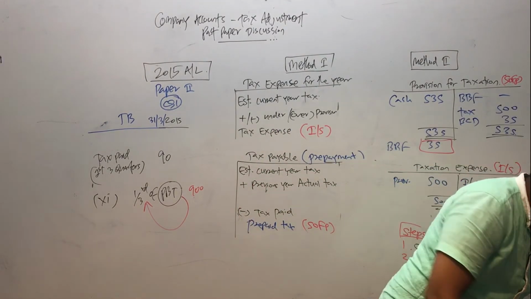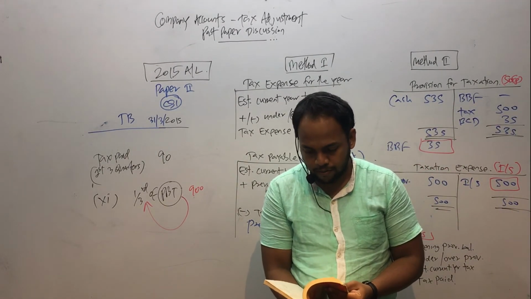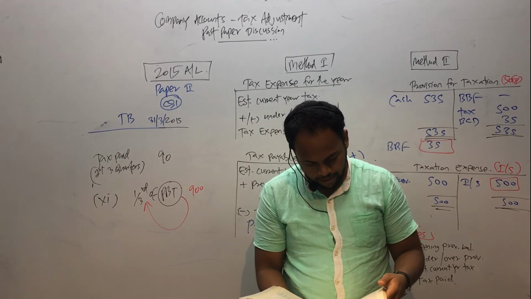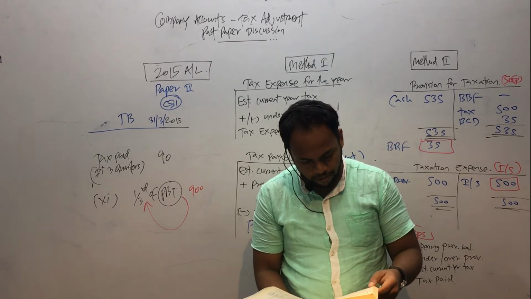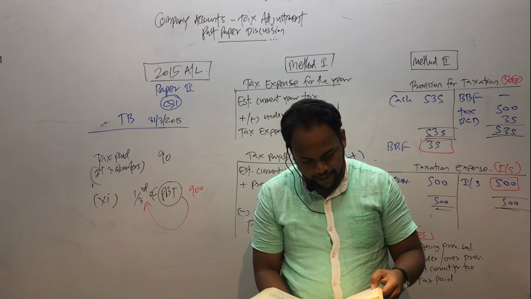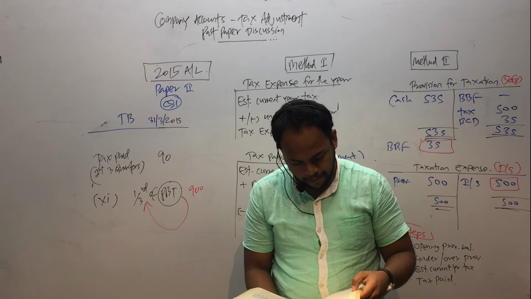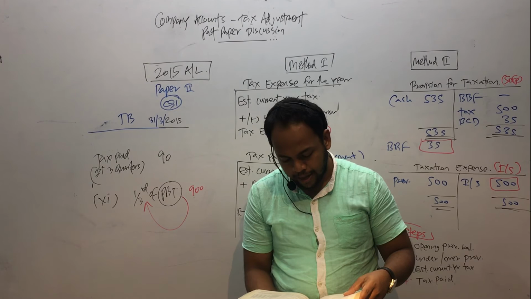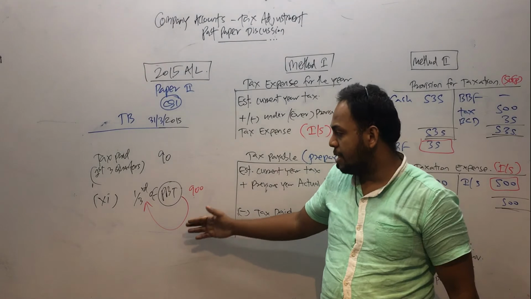So let's move on to another question. 2014. In 2014 also we have tax paid for the first 2 quarters of the current year, 290, and it has been estimated that income tax for the current year is one third of the profit before tax.